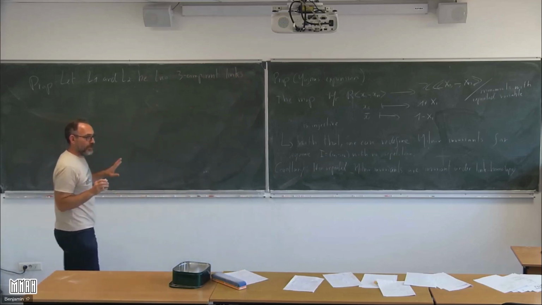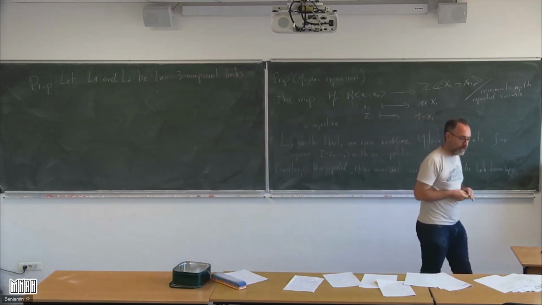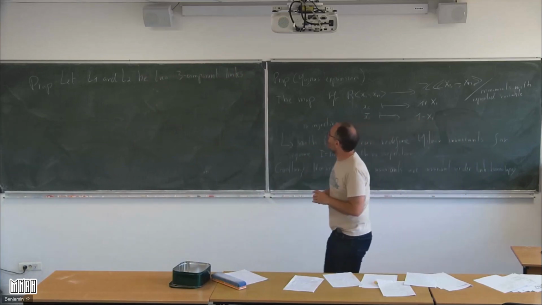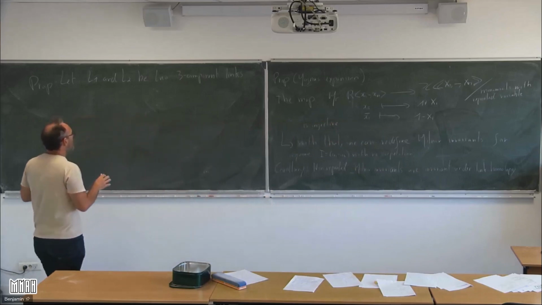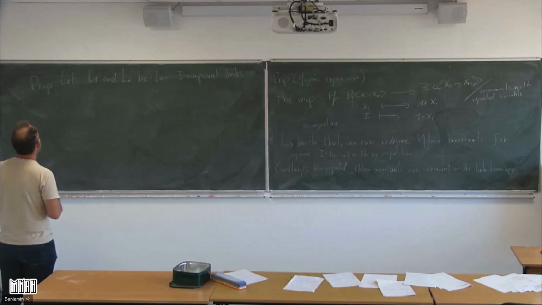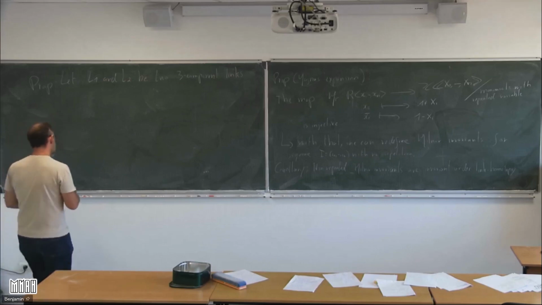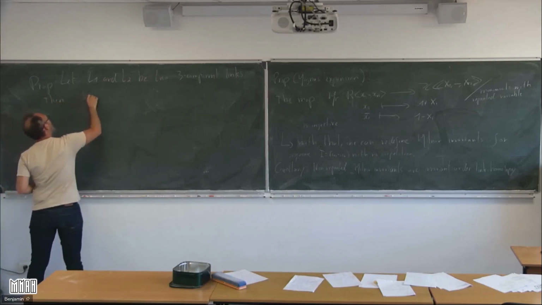So these are usual links in S3, with three components. Actually, it's also true for two components and one component, but I don't know for more components. For three components, I can claim something. So I have two three-component links.